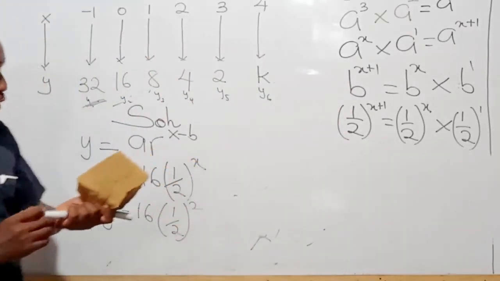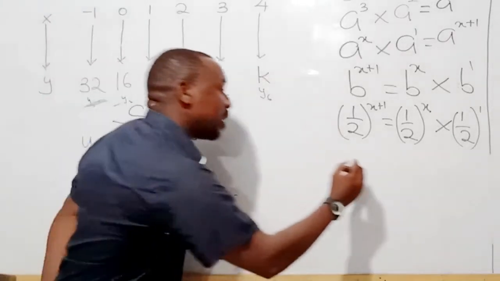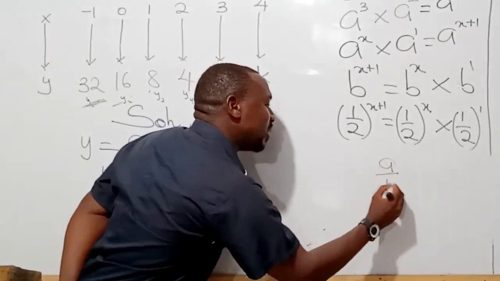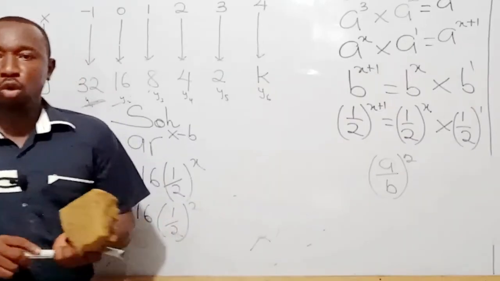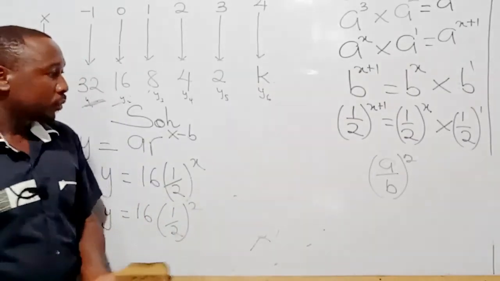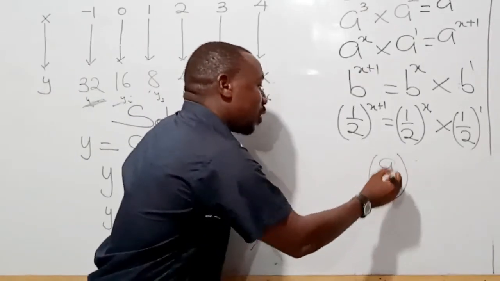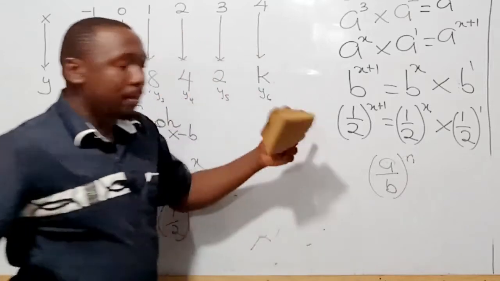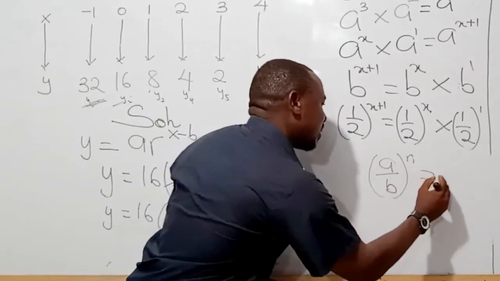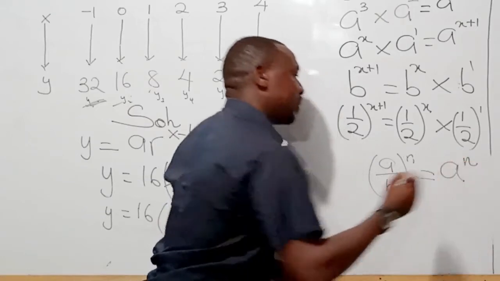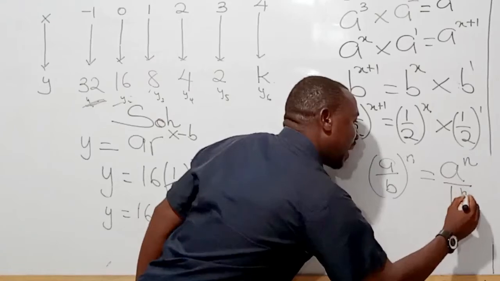In indices, this should tell you that indices is a very strong topic that we need to know. In indices, if you have A out of B all squared, or let me do it in a generic form, if you have A out of B all to the power n, the rule is that A to the power n all over B to the power n.